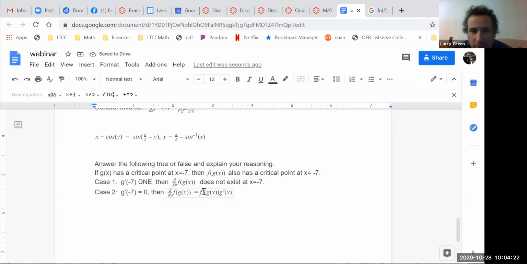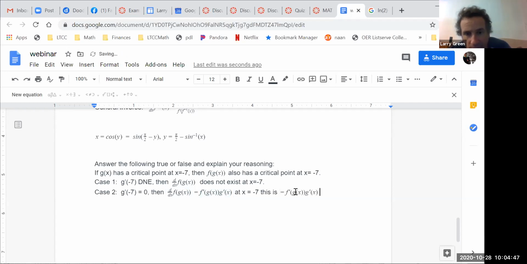What happens if we plug in -7? At x equals -7, this is f prime of g of -7 times 0, because g prime of -7 is 0.